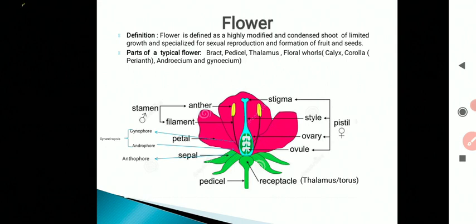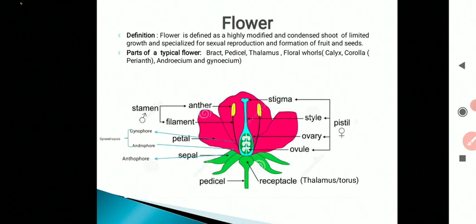Now, the calyx and corolla are outermost accessory or non-essential whorls, and these are called supporting whorls. Generally, calyx and corolla do not directly take part in sexual reproduction, in the process of pollination, fertilization and formation of seed, and that's why these two whorls are known as accessory whorls, but they support pollination and fertilization.